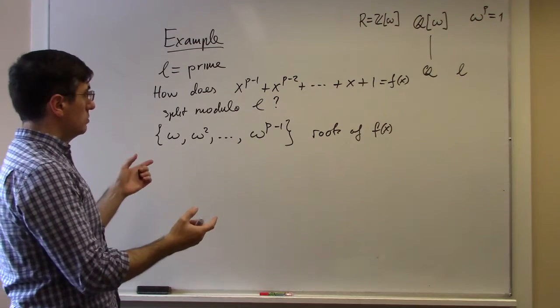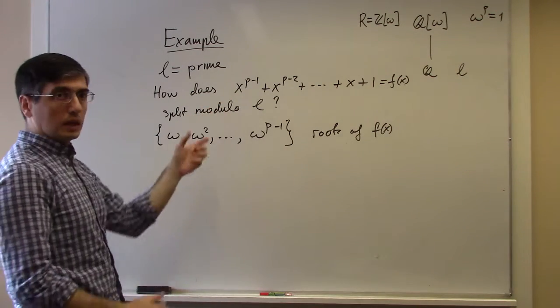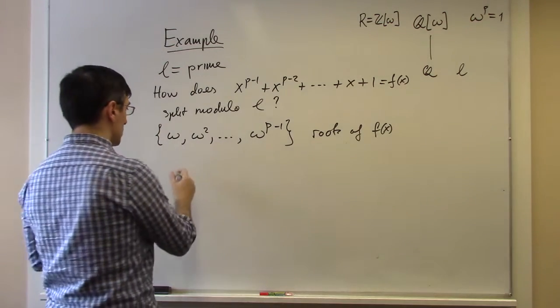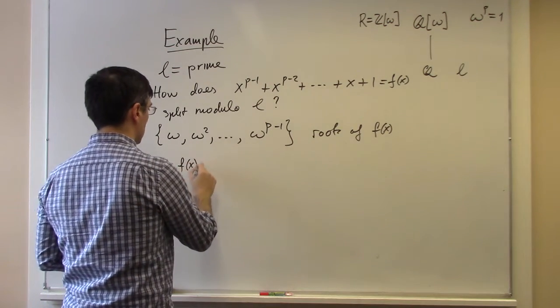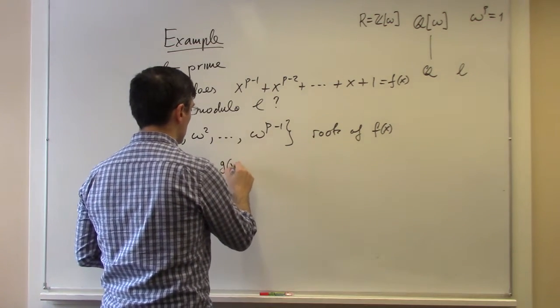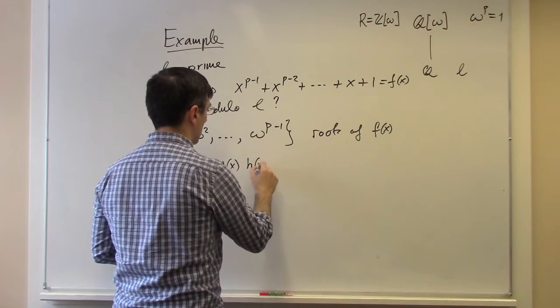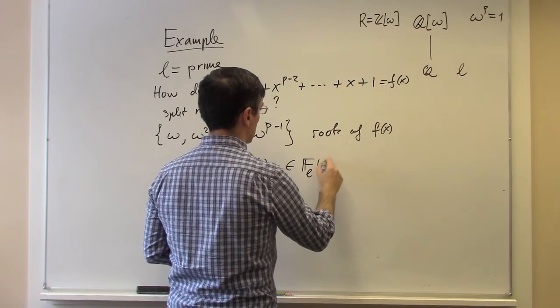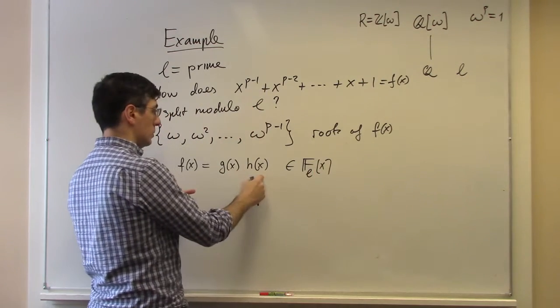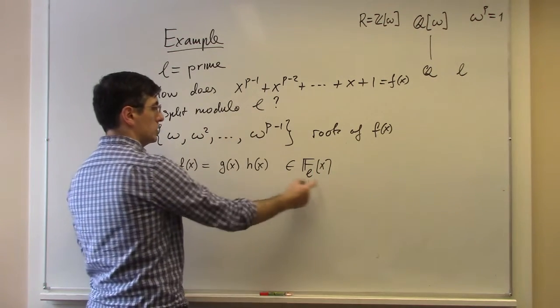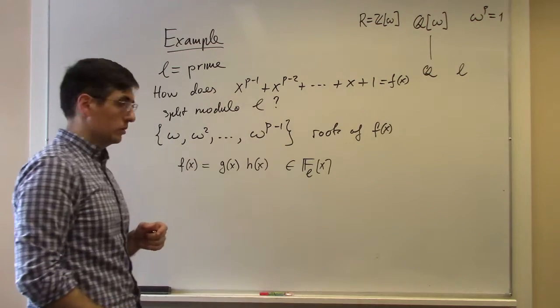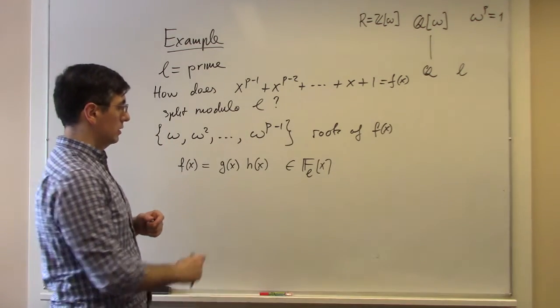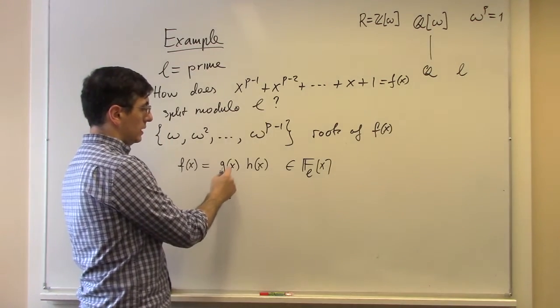Now suppose modulo L, this f(x) decomposes as f(x) = g(x) h(x), in F_L[x], and these are both irreducible and both belong to this ring.